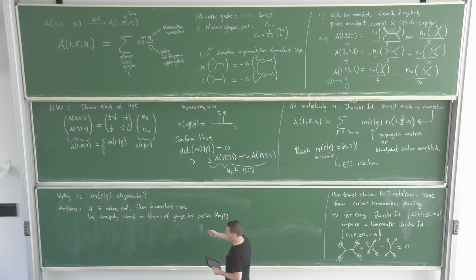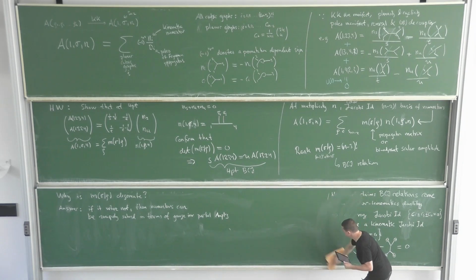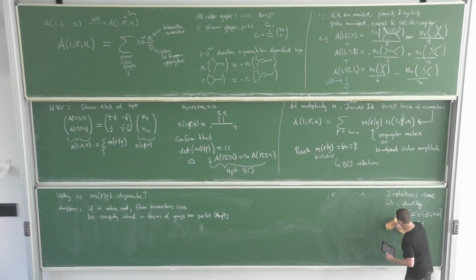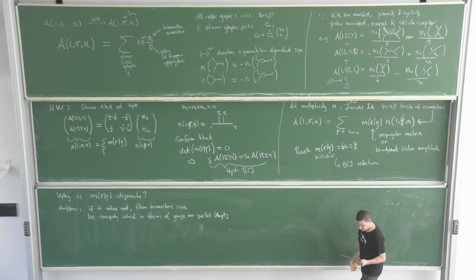This argument could fail, but I think in general it's a pretty good argument. We should suspect that this is a fairly general property. It doesn't really tell you what the rank is, but it's telling you that the rank should not be saturated, and so there are some new relations you would expect.